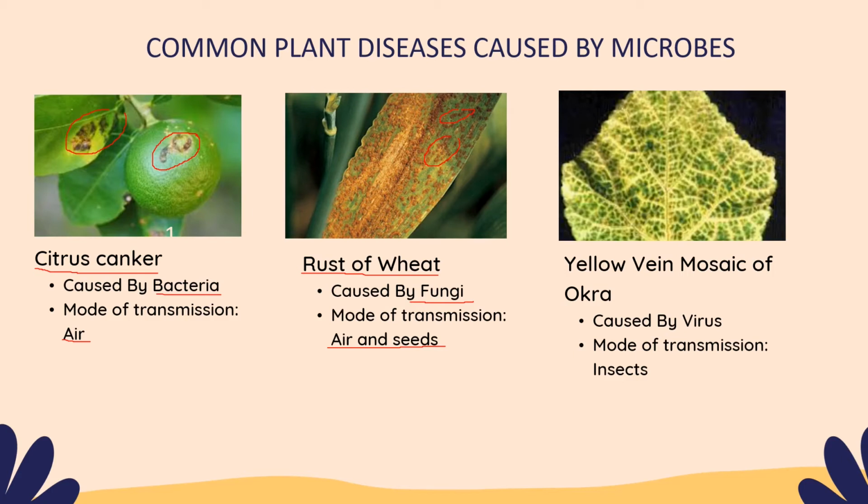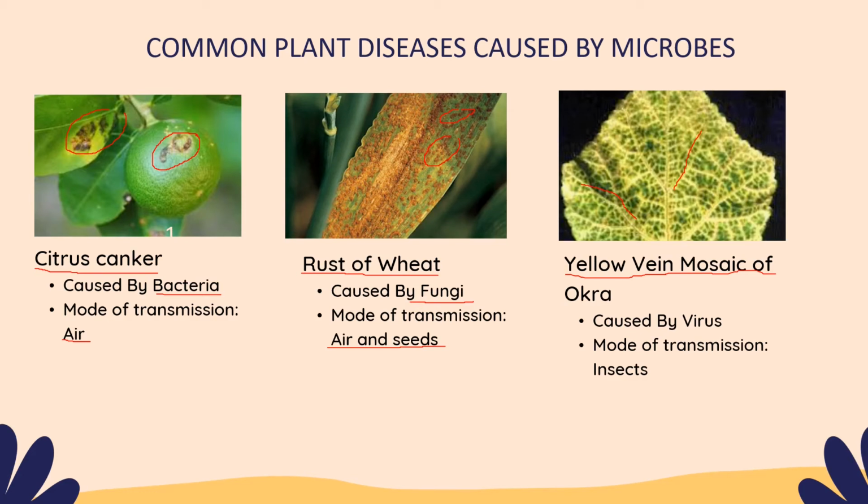The next is a disease in okra, which is also commonly known as bhindi or lady finger. The disease is yellow vein mosaic of okra. You can see these leaves, there are many yellow veins. It's completely covered with these yellow veins.